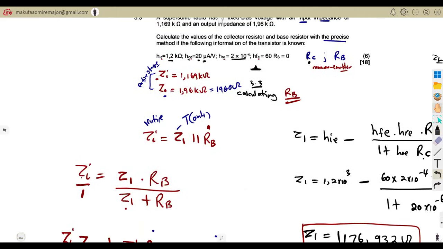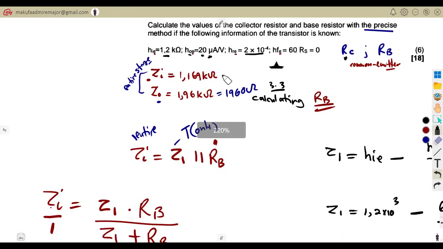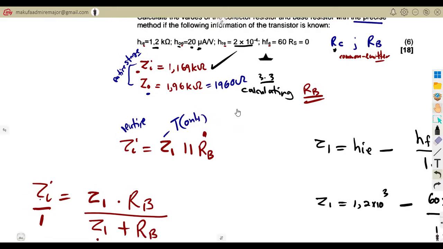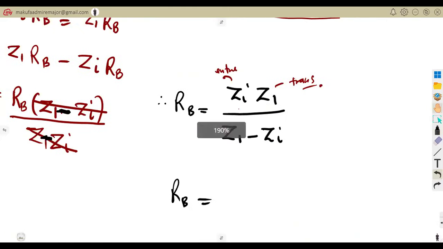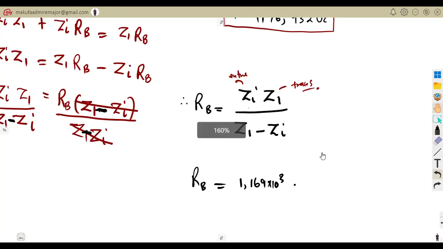The Zi is the one you're given here, 1.169 kilo ohms. So you're going to substitute that Zi, which is 1.169 times 10 to the exponent of 3, times Z1, the one that we just calculated for the transistor only.